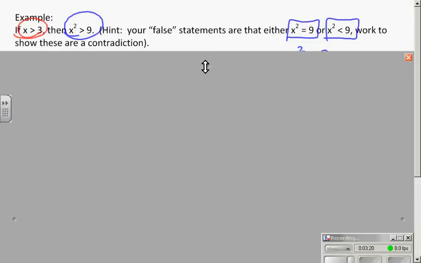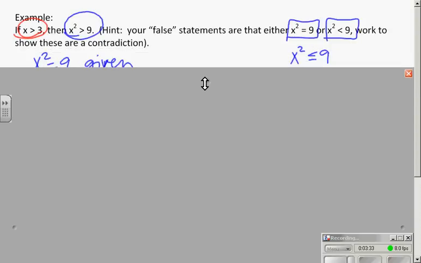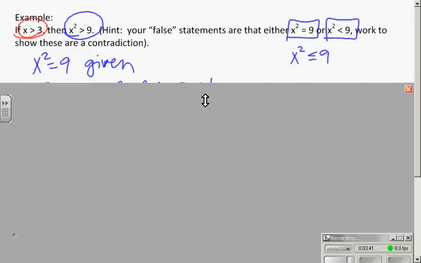Our next example is going to say, if x is greater than 3, then x squared is greater than 9. So our false statement is either x squared equals 9 or x squared less than 9. If you want to be really fancy, you could do x squared less than or equal to 9 and cover both of them. If we show that either one of these is a contradiction, our original is true.